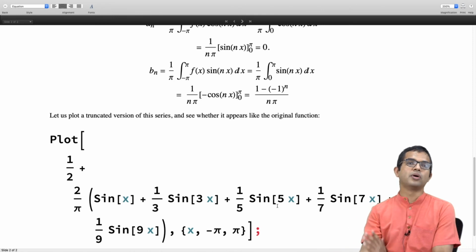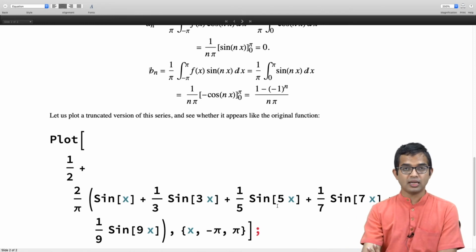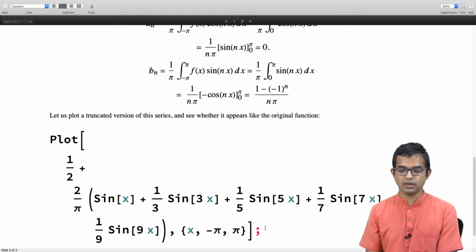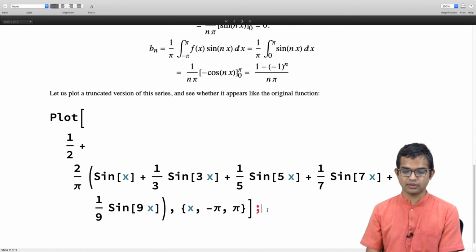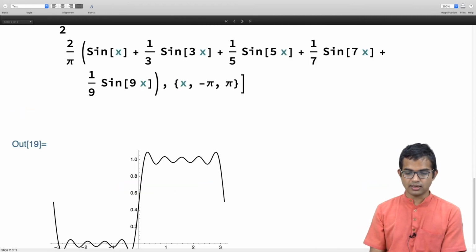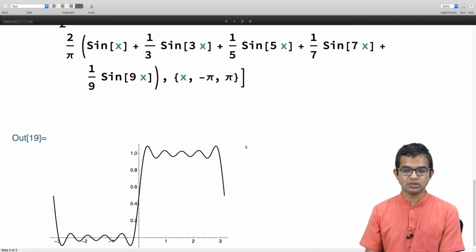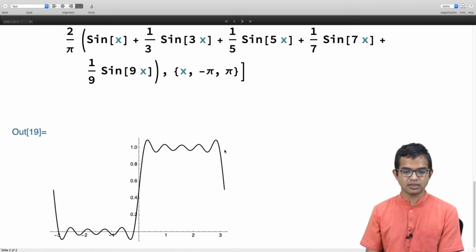It's 1 over n times sine of nx, where n takes only odd values, and then there is this factor 2 by pi outside. So let's look at what this function looks like if I plot it, truncating it up to this term. You see that indeed it works out very well. The actual function is something like this. It's 0 in this region, and then it's 1 here.